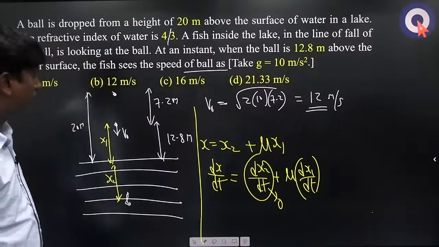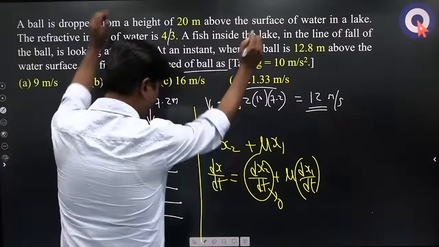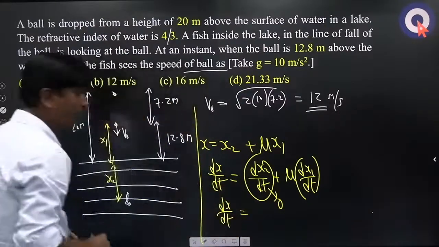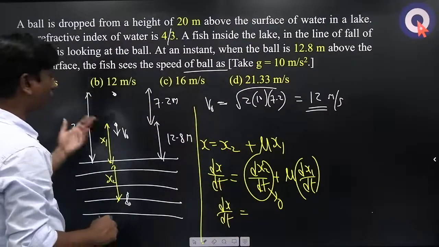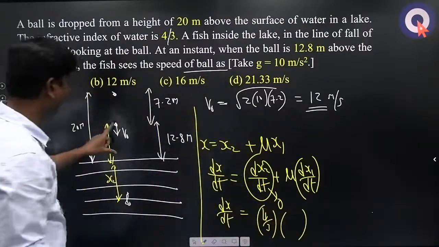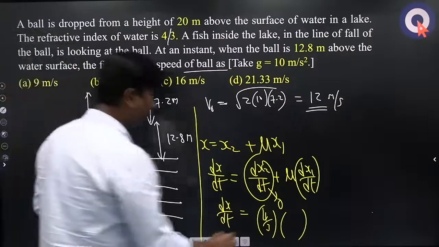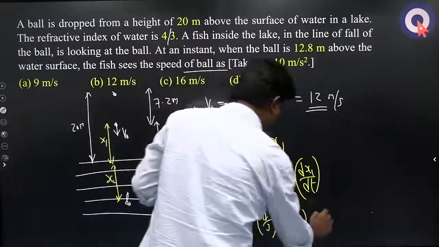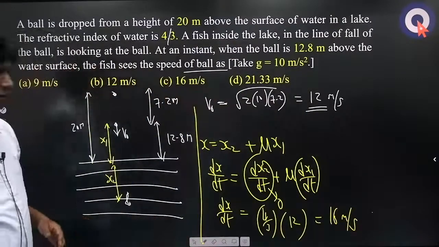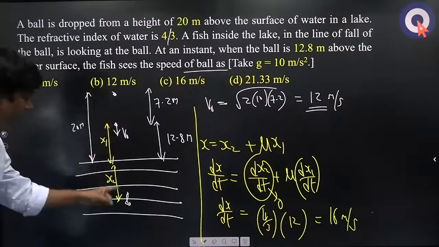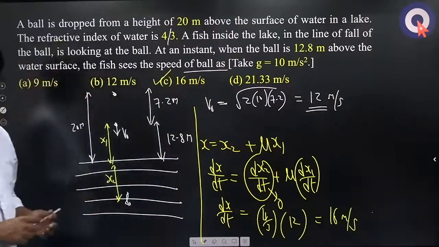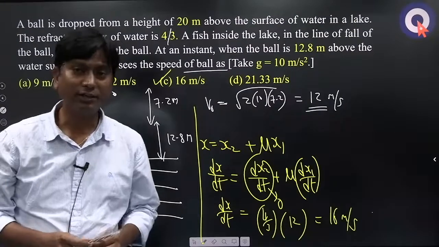Now dx by dt is equal to nu times dx1 by dt, and the value of nu is 4/3. dx1 by dt is nothing but the speed of the ball, which we have already got as 12. This comes out to be 16 meters per second. So the speed of the ball according to the fish is 16 meters per second. That will be the answer.